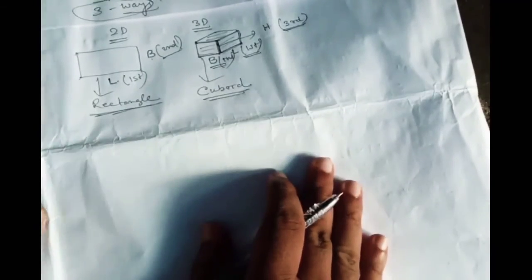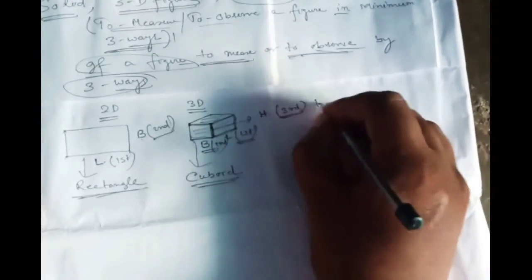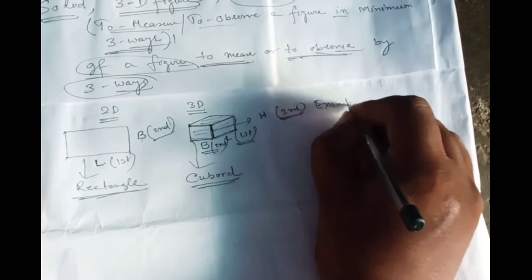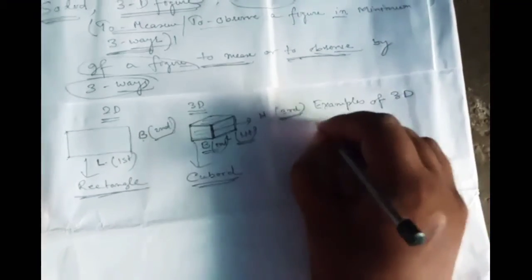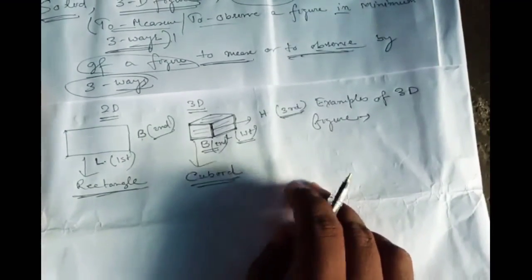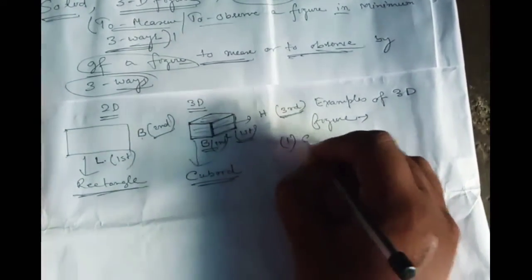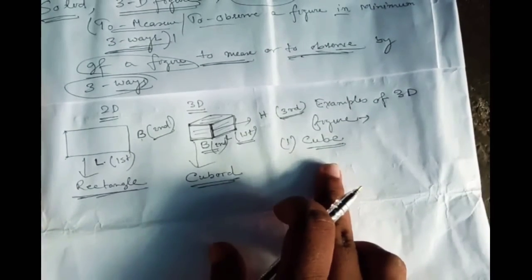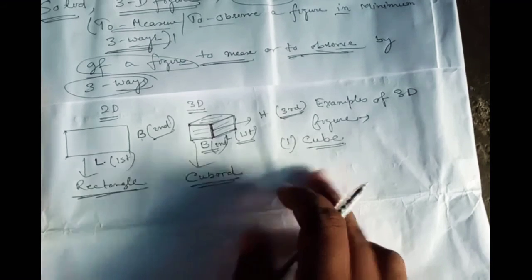Now if we take some examples of three-dimensional figures, what are the examples? First is cube, the die that is called a cube.